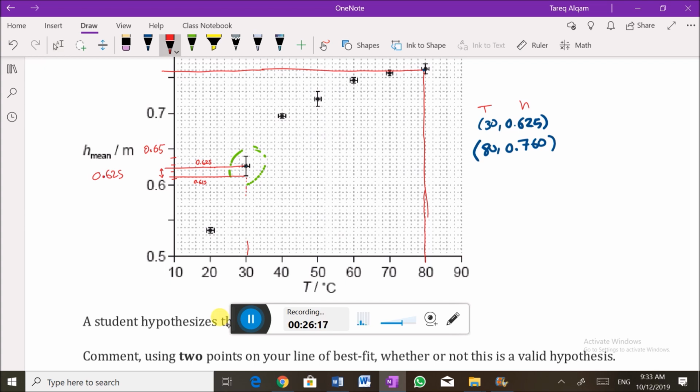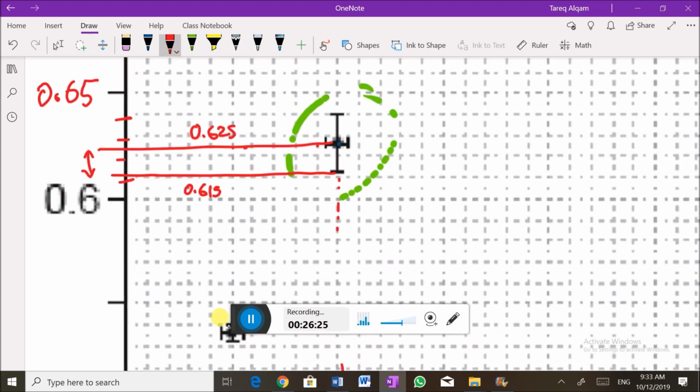This is the first point, this is the second point. It is obvious that this has the largest uncertainty. These two values, 0.625, this is approximately 0.6215, so the uncertainty is approximately 0.01.